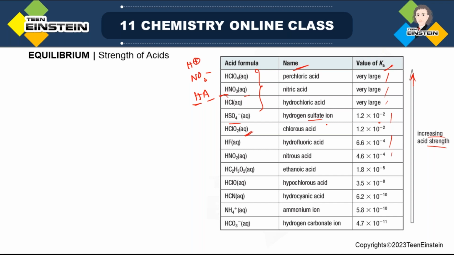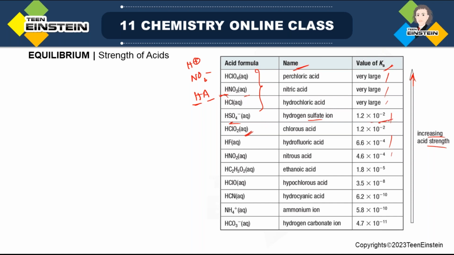You can use either name. So for HSO4 minus, the value is 1.2 times 10 to the minus 2. But H2SO4, which is a neutral molecule without any negative charge, has a very high value. That means H2SO4 is a very strong acid, but the anion HSO4 minus is not so strong, which is clear from this value.